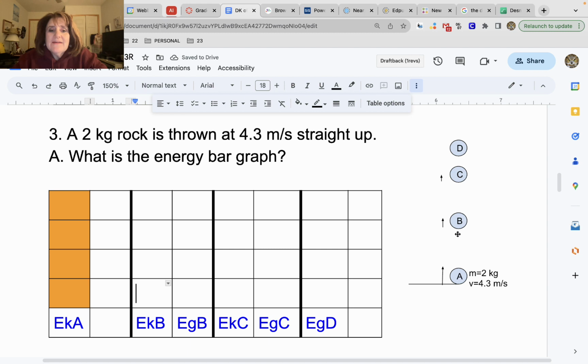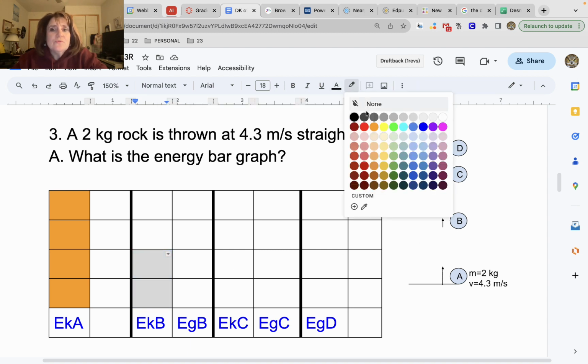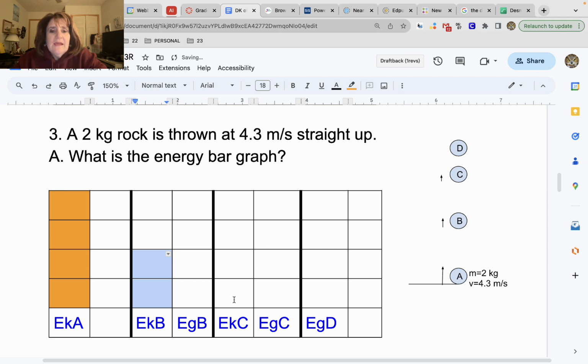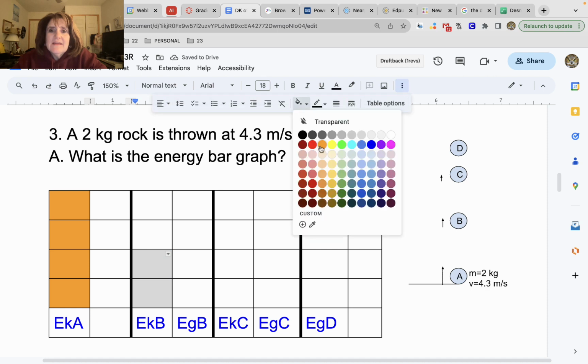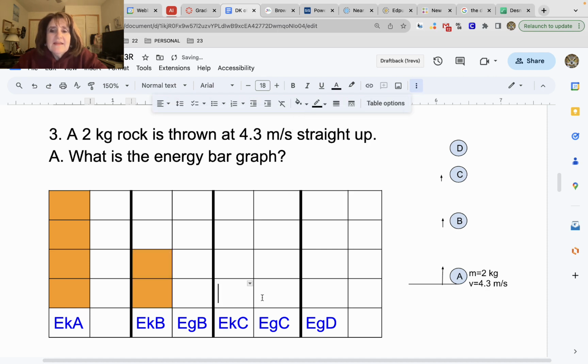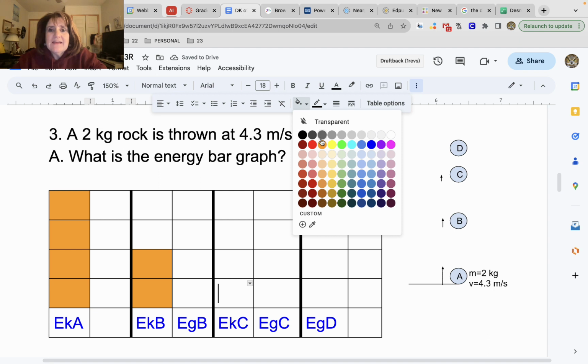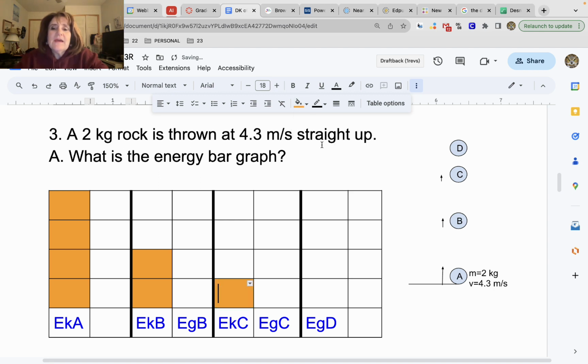At B, I have less Ek, so maybe I have 2 Eks. And at C, I have even less, so maybe I only have 1 Ek.